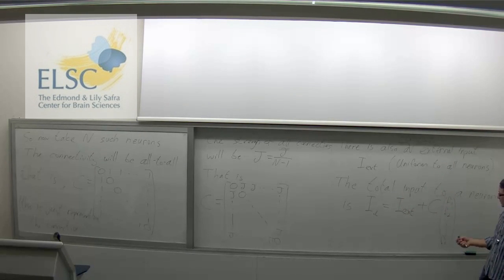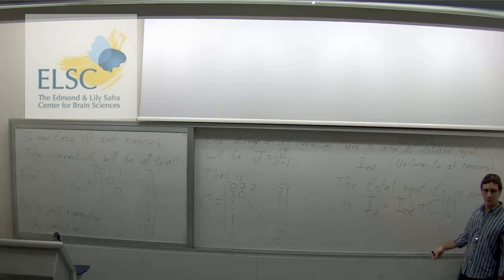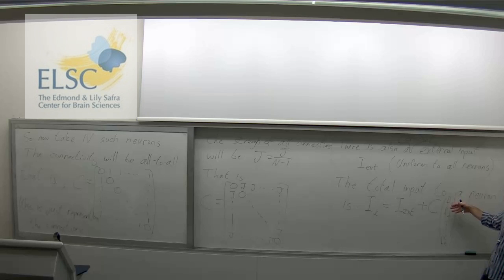At the next time step, they are all the same, so it doesn't matter which I took. You just take n minus 1 times this F and multiply it by J. And again, all of them are going to be the same. So if we start off with an initial state of all zeros, at each time step this multiplication is going to be the same.